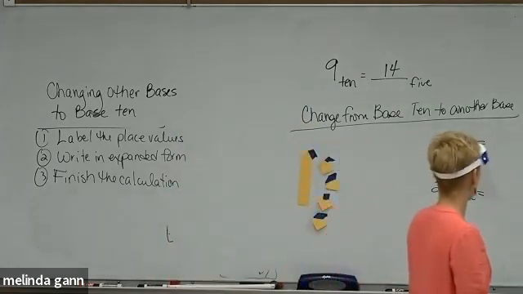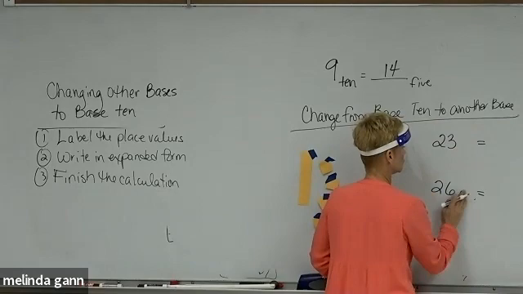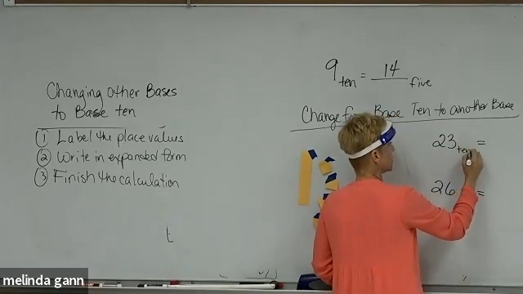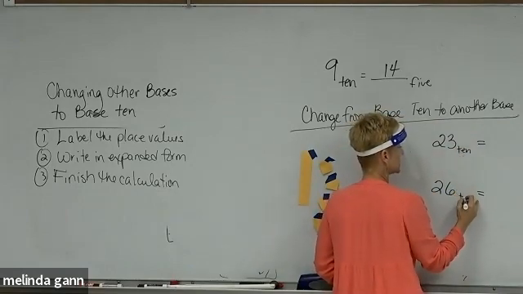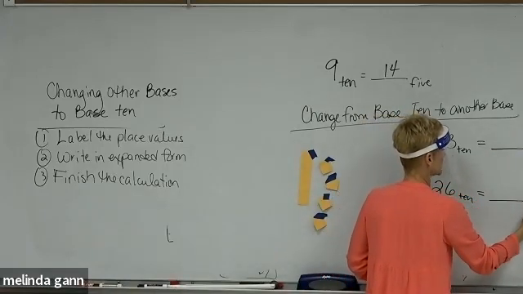So make the 25 first and then make the 26. Oh, I'm sorry, I wrote it down wrong. This is a 23 in base 10 and a 26 in base 10. I want you to change them to base 5. So fix that in your notes.